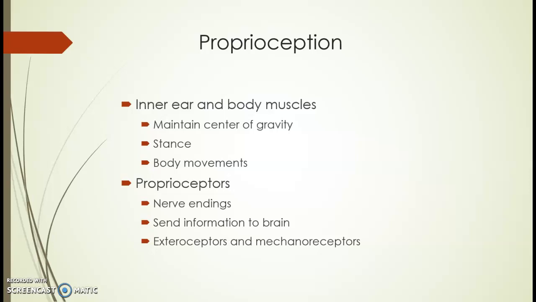These receptors send their information to the brain, allowing it to know where the body's spatial position is. Although it does not rely on them to know where the body is, the sensory receptors use exteroceptors and mechanoreceptors to feel touch, vibration, pressure, temperature, and pain. And then these stimuli are what are responsible for many of our movements and reflexes.